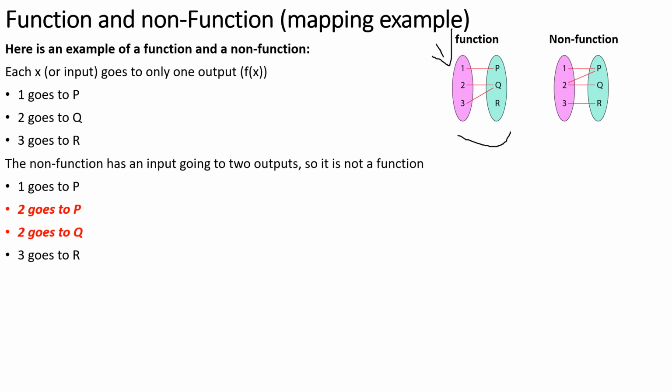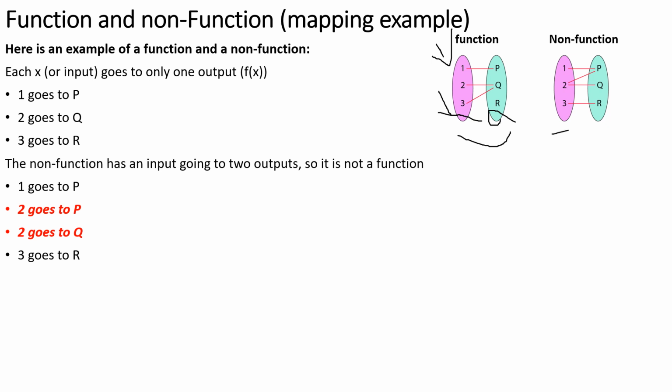I only have one exported line coming from each input. This is the input, the purple right here. This is the output, this green right here. And I can only have one exported line coming from each individual input. That makes it a function.